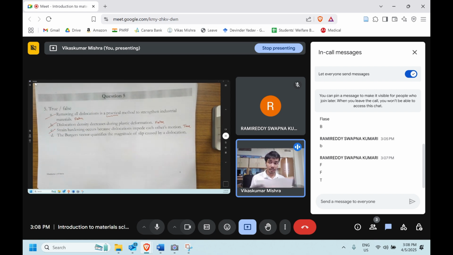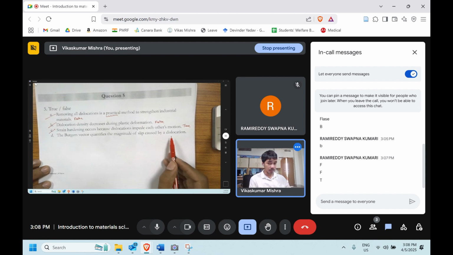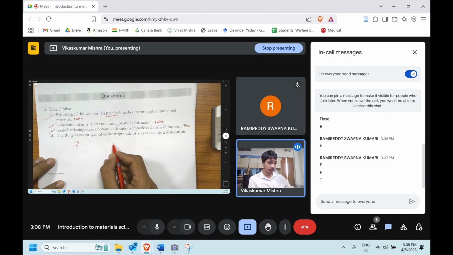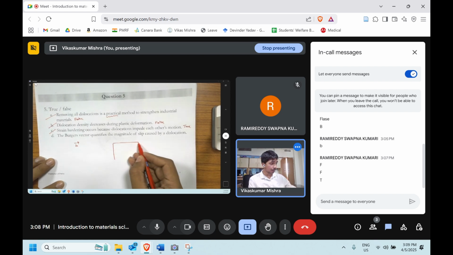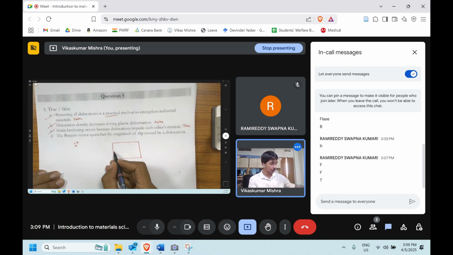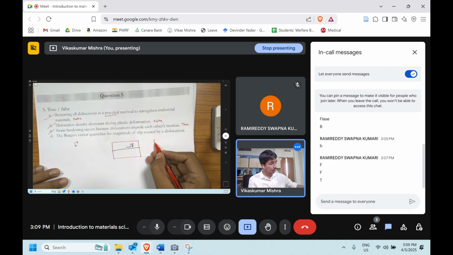The Burgers vector quantifies the magnitude of the slip caused by the dislocation. Is it? For example, let's say my material was this, and this is my slip plane, and this is the Burgers vector b. Now if slip occurs, it will produce an additional step.